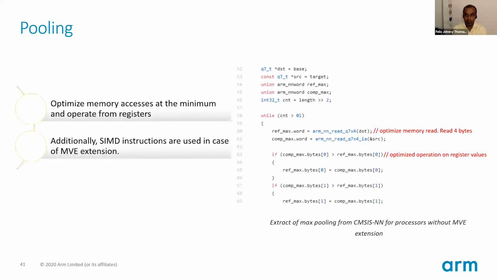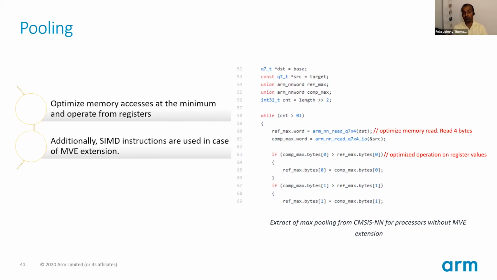So now we come to the final part of the operators, pooling. And this is where we start rehashing all the techniques that we have learned so far. When it comes to max pooling, at least Cortex-M4 and M7 don't provide any SIMD instructions.